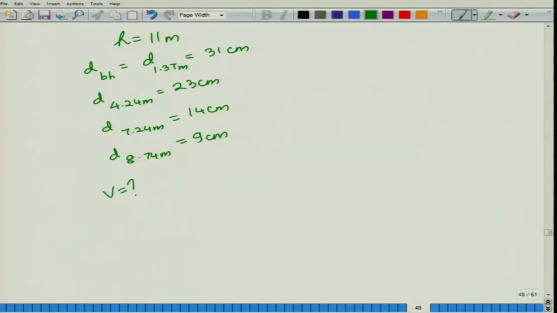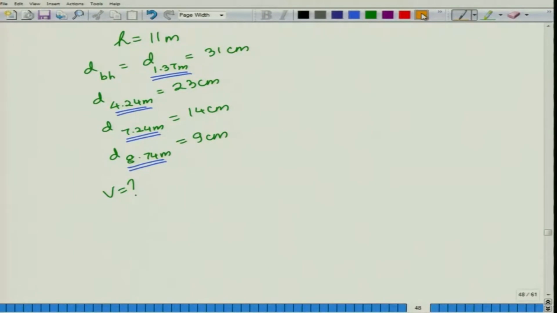Now, the first thing that we need to understand is why we have these particular heights. Now, this 1.37 is the standard height, it is the breast height. So, we can understand this, but then why should we measure a tree at these heights is the question.